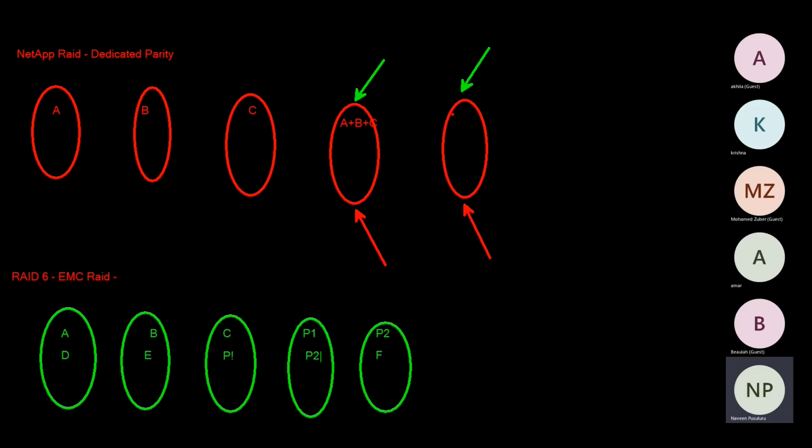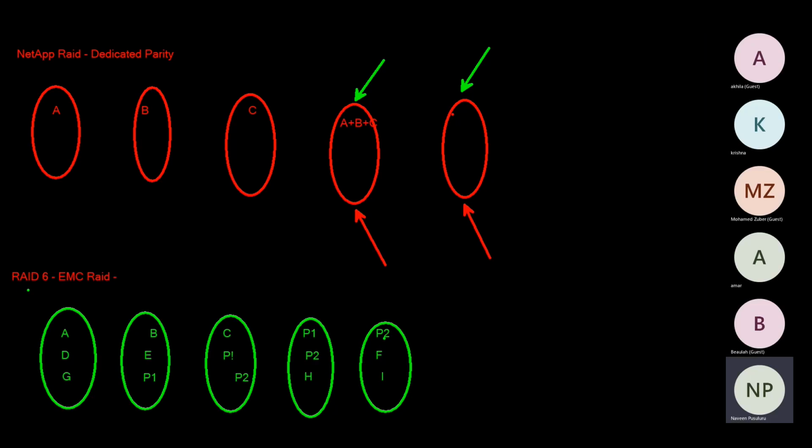So when it comes to RAID 6, we cannot say this is a parity drive or this is a D-parity drive, because in each and every stripe, parity and D-parity are distributed across all the drives. And when it comes to the third drive, here we will have parity, like that.